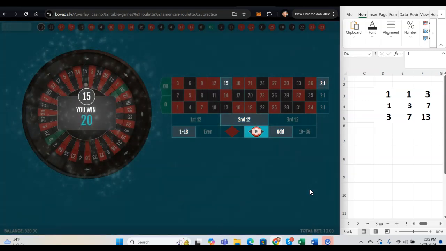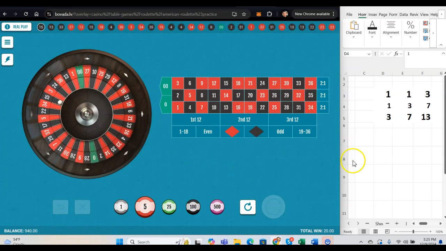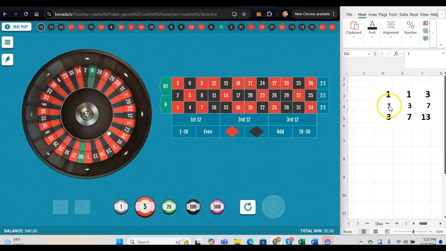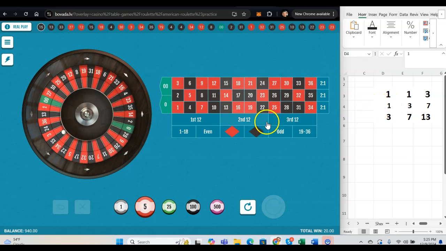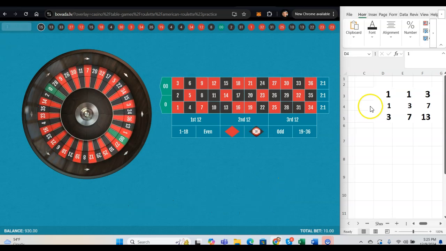All right. 940. I'm going to give it another shot because we're only making a 1 unit bet, even though we're going to return here to bet 1, stage 2. So I'm going to stay on stage 2.